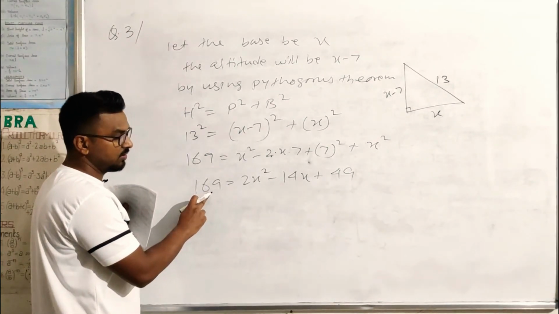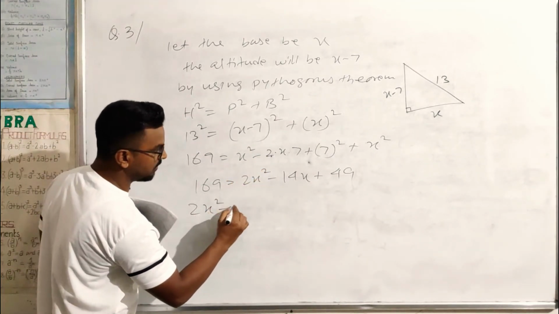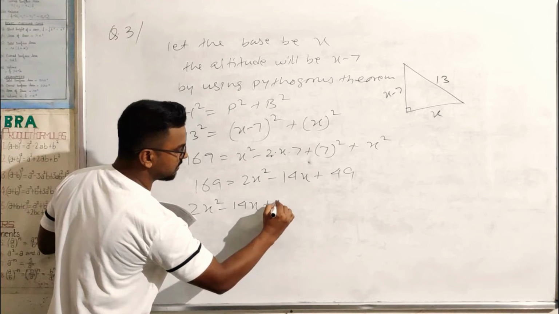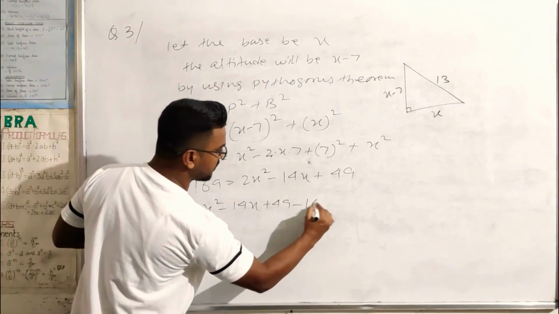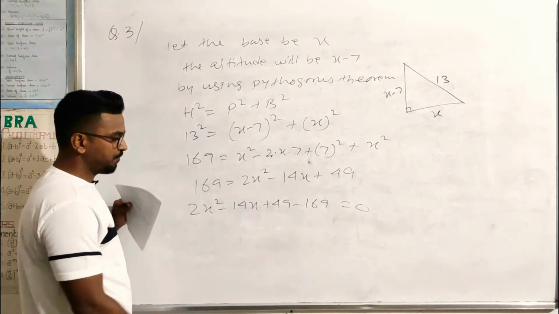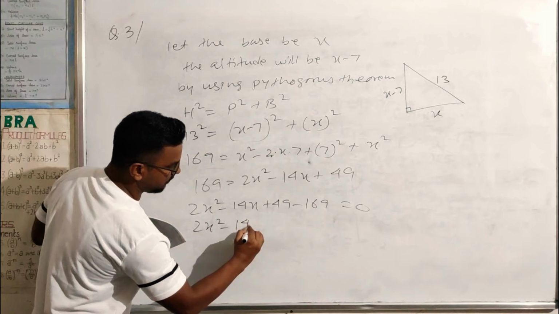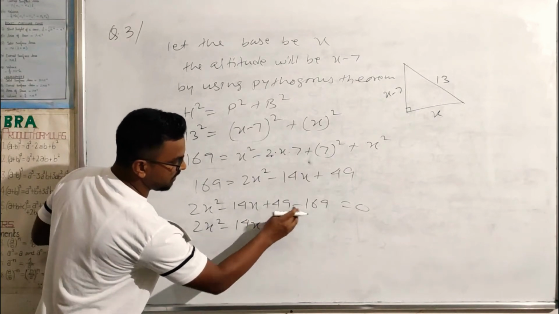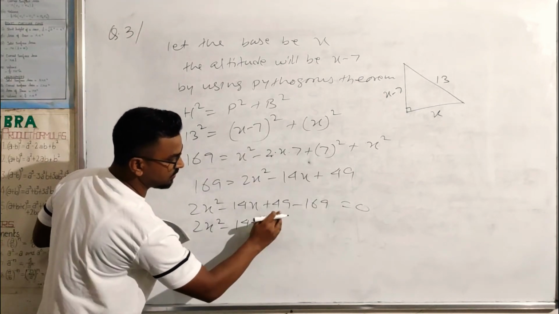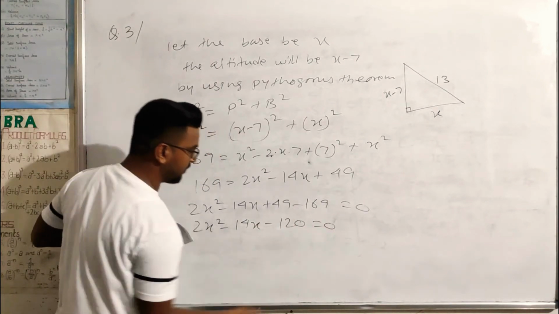If you take this to the other side, it will be minus. So let me write like this: 2x square minus 14x plus 49 minus 169. On the right hand side we will put 0. Now if you subtract, you will get minus 14x, and 49 minus 169 will be minus 120, equals to 0.